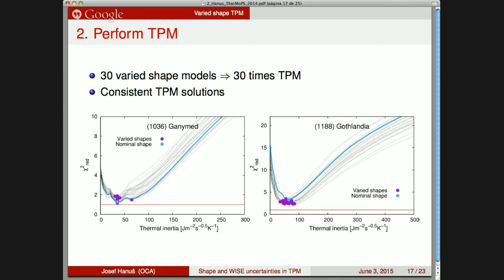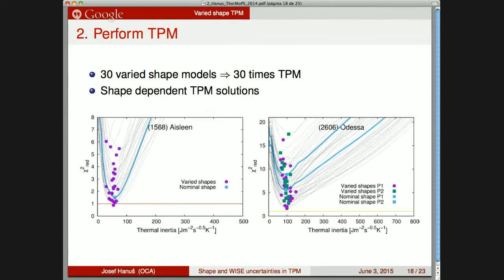So there is a big difference. However, as you can see here, the minimum is always in the same place, which is nice, but it's not general. There are some cases where it's much more confusing, and you can see, for example, here that the nominal solution is somewhere around 200.